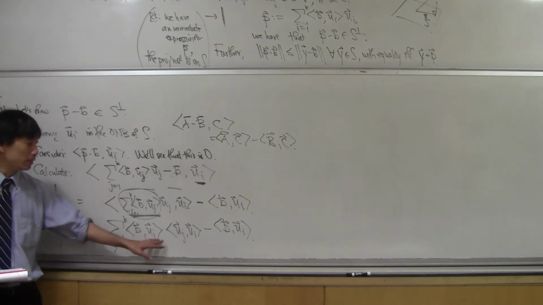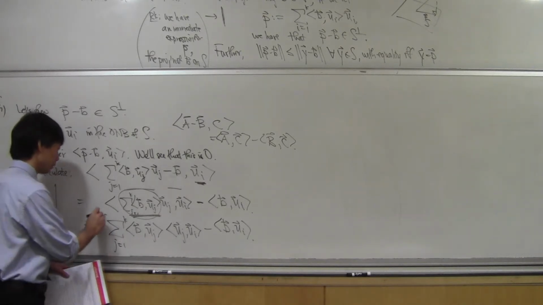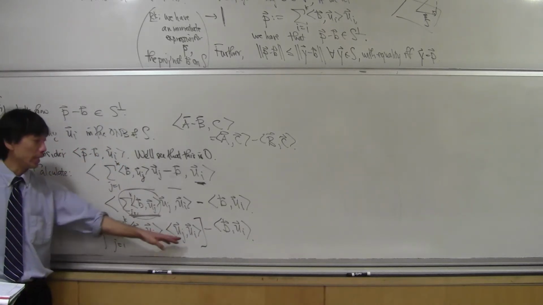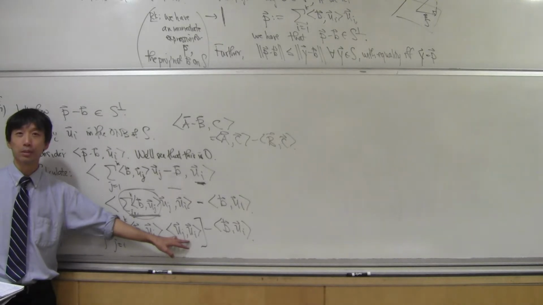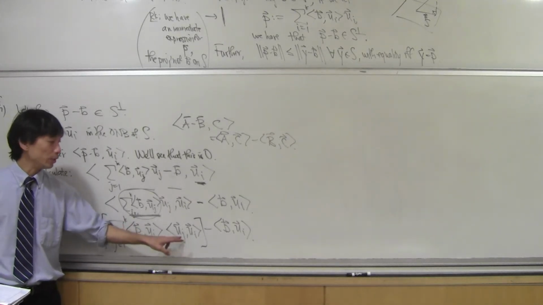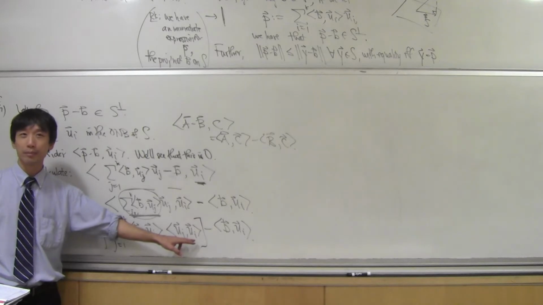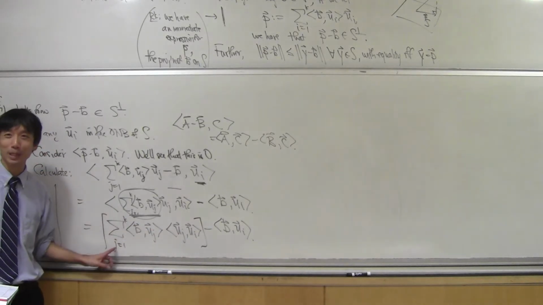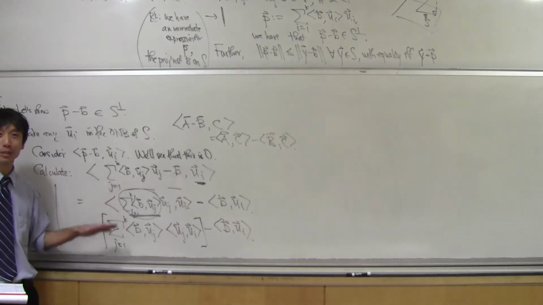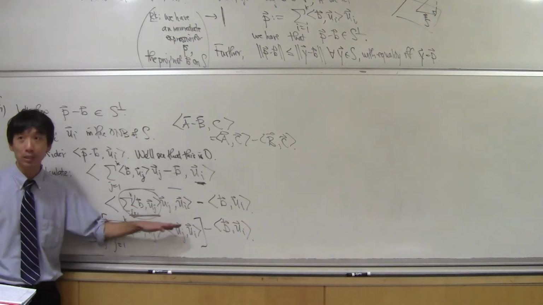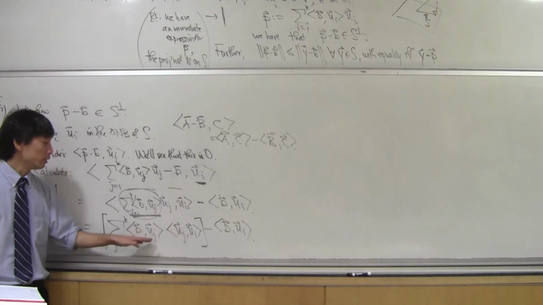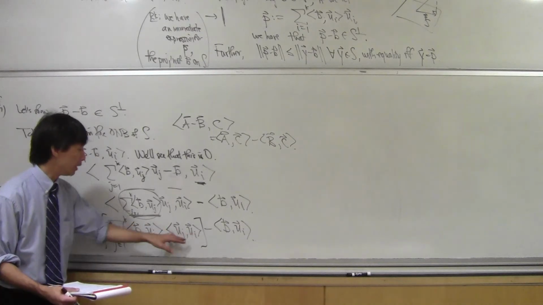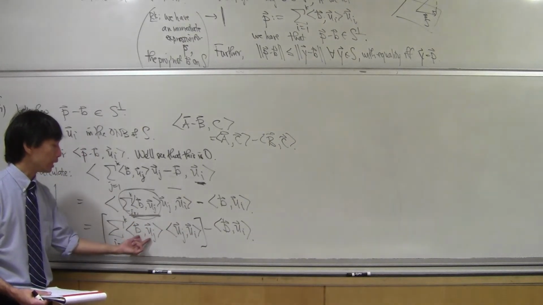But what happens in this left sum here? As J goes from 1 to K, what happens? Uj against Ui is going to be 0, except when J equals I. J is the one that's moving, from 1 to K. At some point, it'll hit I, and so when J equals I, this will be 1, and we'll get B against Ui.